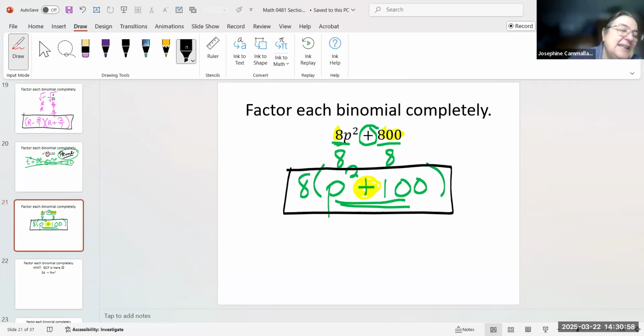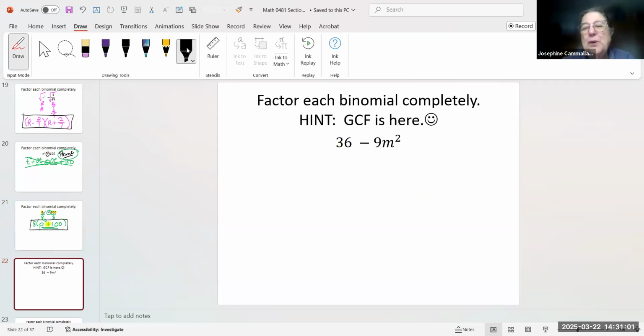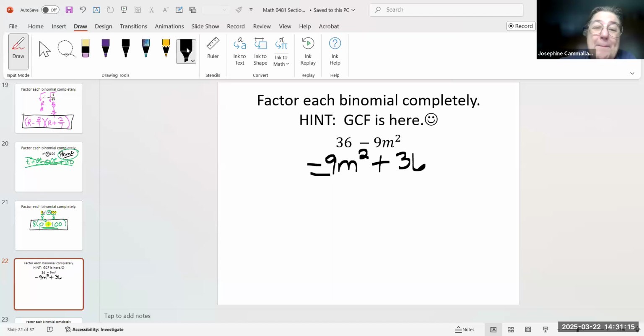Now, this one you got to be careful for. Okay, first off, descending order. This is 9m squared. Now, right now, it's a plus 36. But I've got to take out a negative 9. This is my GCF.